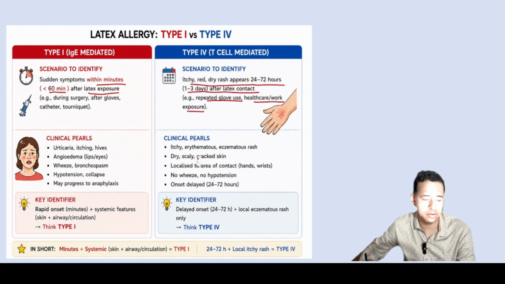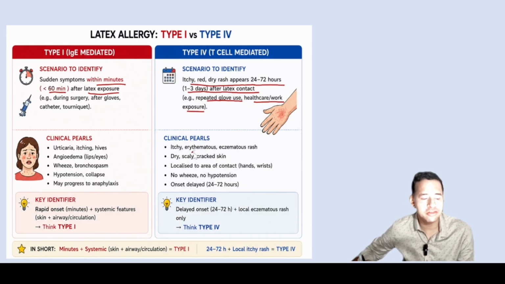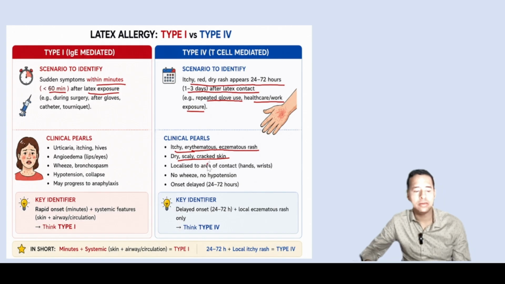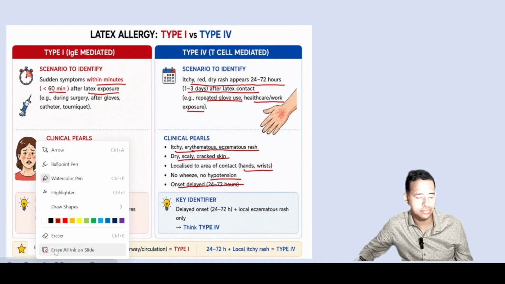The clinical pearls are an itchy, erythematous, eczematous rash, dry, scaly, and cracked skin, localized to the area of contact, commonly hands or wrist, with no wheeze or hypotension. Onset is delayed, 24 to 72 hours. You have to think about delayed and rapid. That's all you have to think.